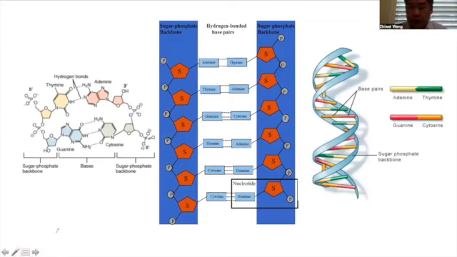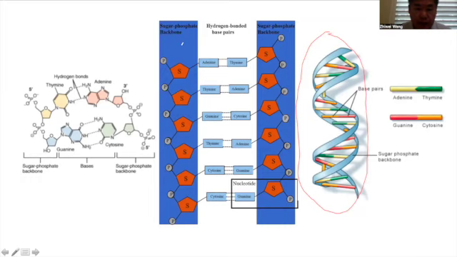When you think about DNA, the common picture that comes to mind is the double helix. If we look in a little more detail, DNA is double-stranded, with 2 strands in an anti-parallel arrangement.